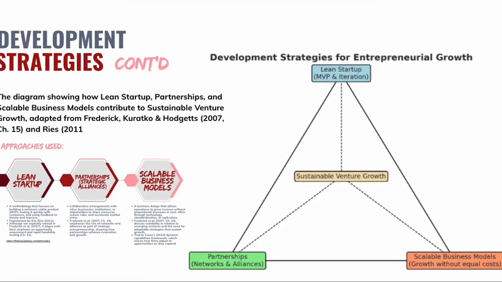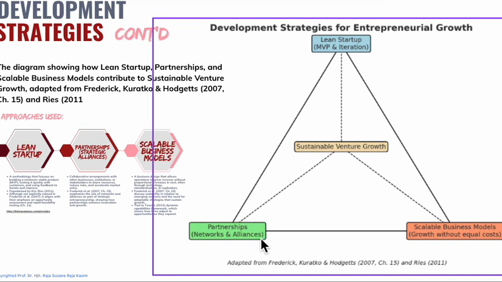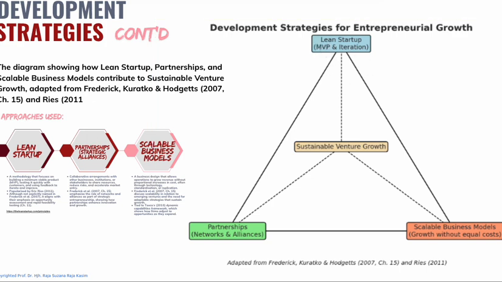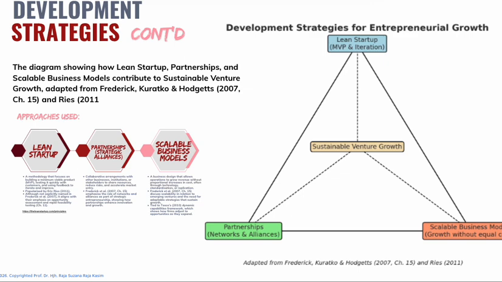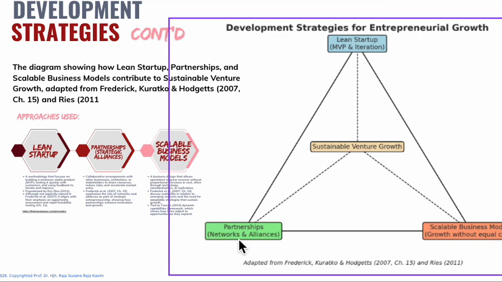So maybe let's break it down. Lean startup is about experimentation through the minimum viable product, or MVP, and you have to iterate. So the entrepreneur tests quickly, gathers feedback and refines. Partnerships and alliances support externally, whether through networks or collaboration with larger firms, and alliances help entrepreneurs to access resources.